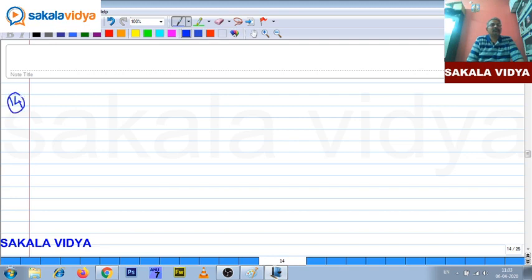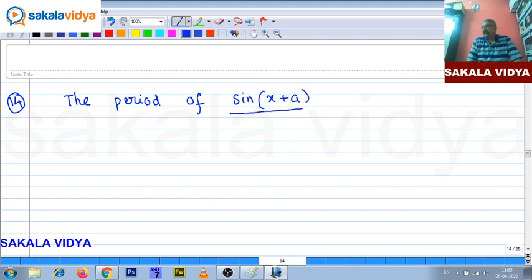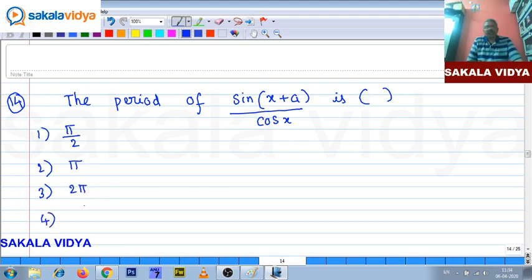Now the 14th question. The period of sin of x plus a by cos x is: first option is pi by 2, second option is pi, third option is 2 pi, fourth option is 3 pi.